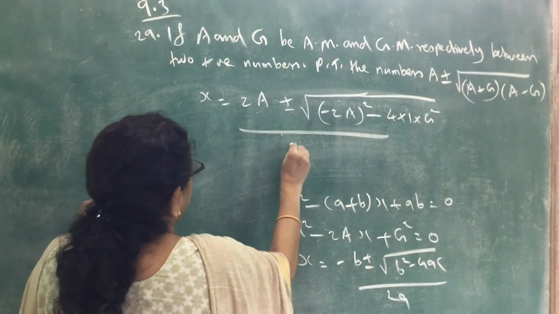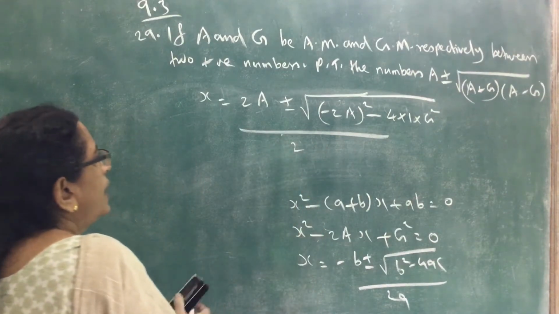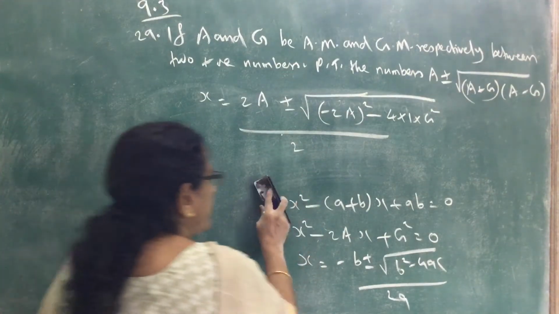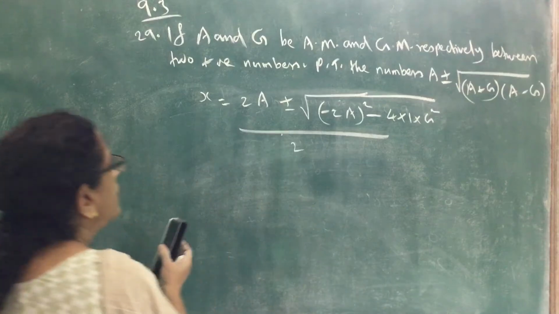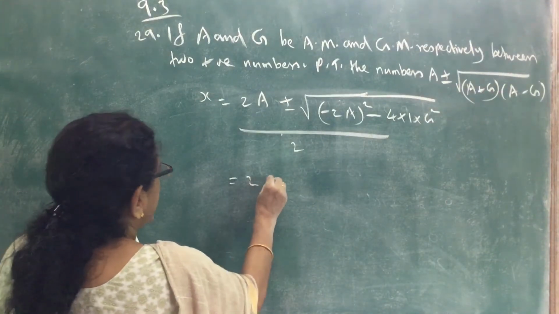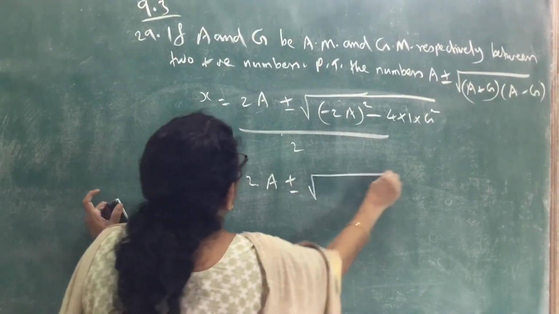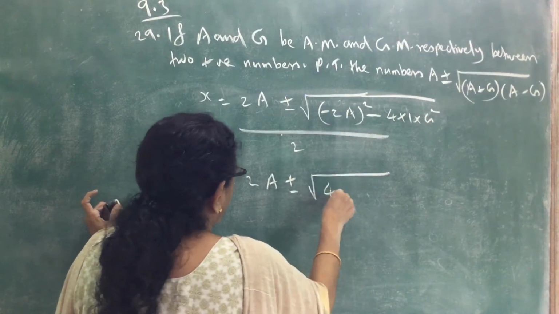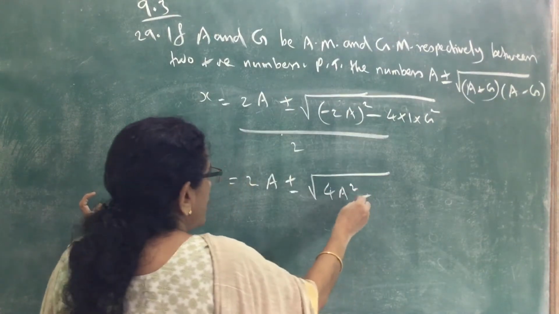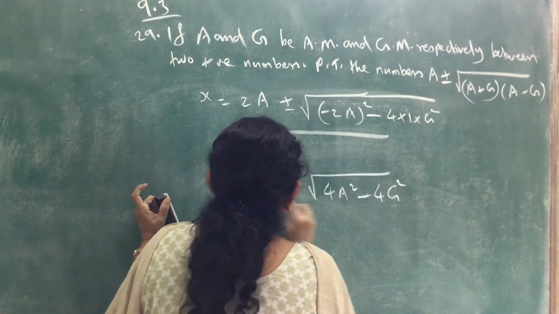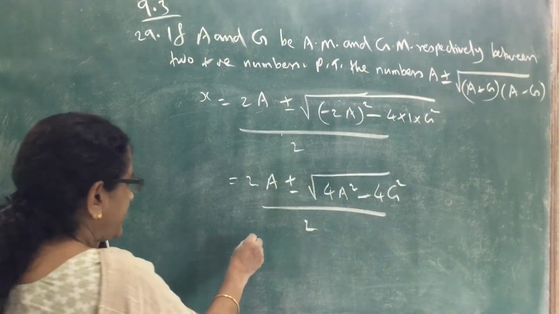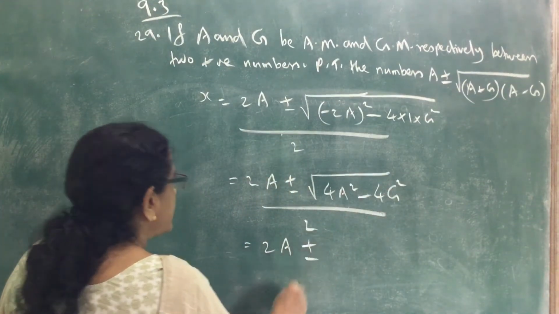That is equal to 2A plus or minus root of 4A square minus 4G square, whole divided by 2.